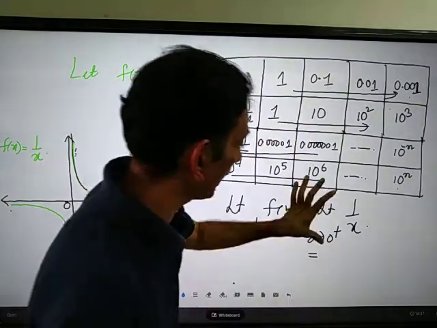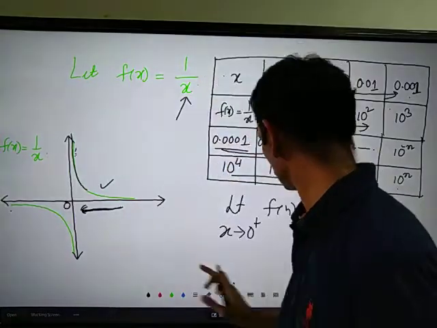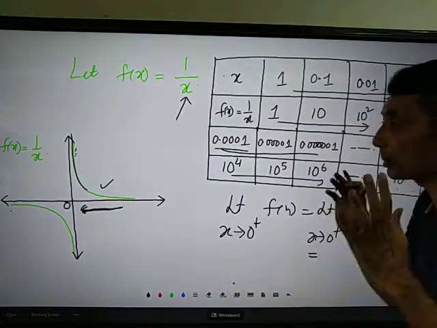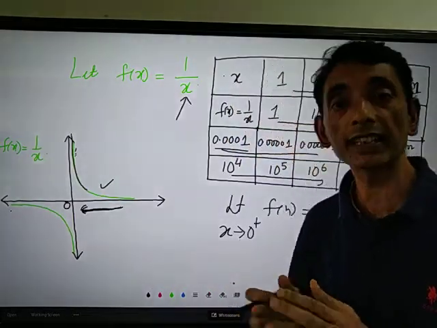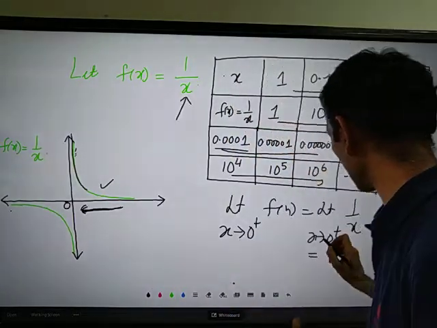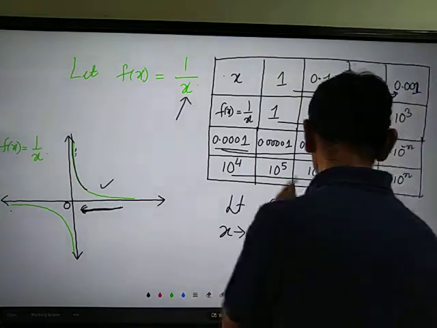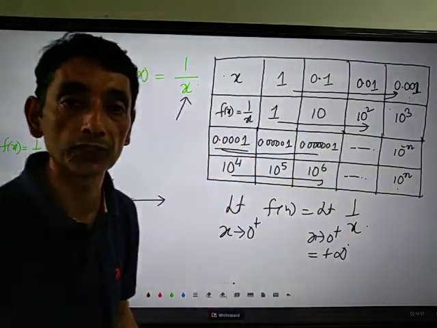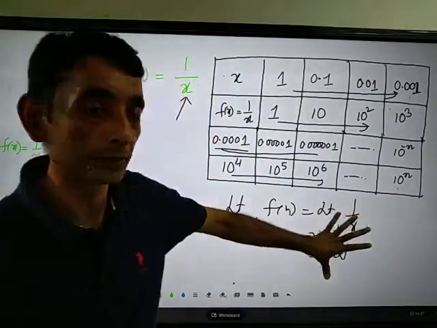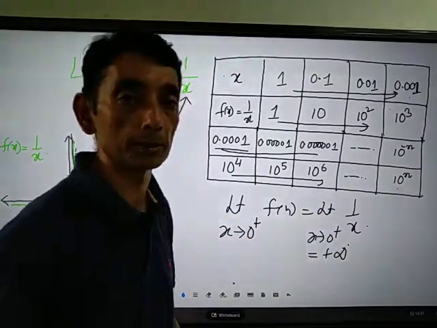This particular value can be made larger than any number you can imagine. So that can be written as plus infinity.